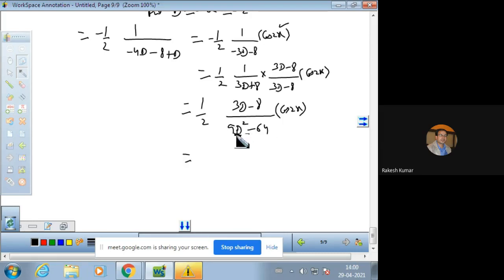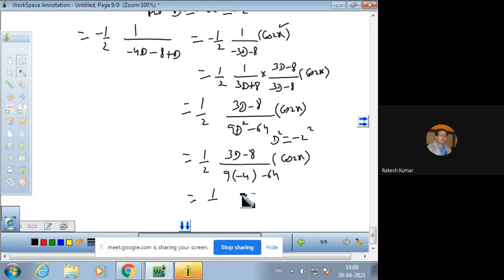Again you have a D square, so D square will be substituted as minus 2 square again. So 1 by 2, 3D minus 8 upon 9 into minus 4 minus 64, into cos of 2x. So that is 1 by 2. In the denominator we will have 36 and 64.